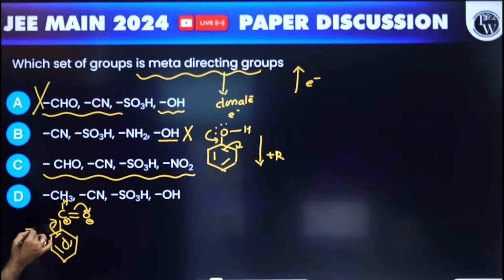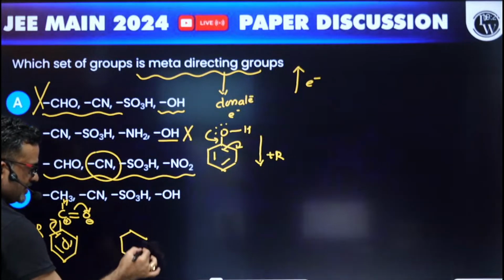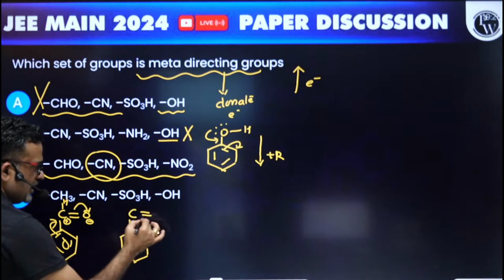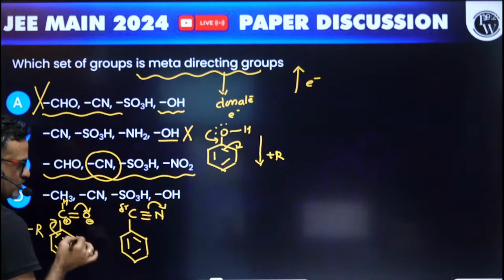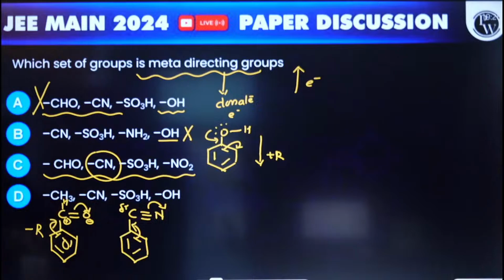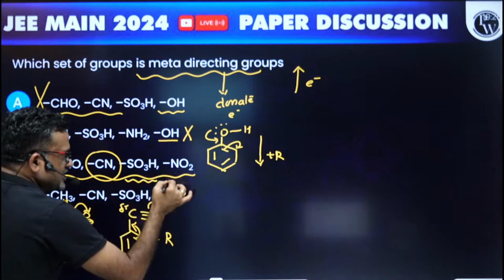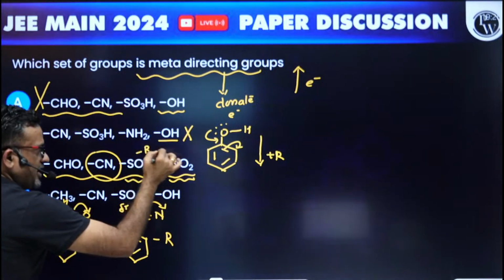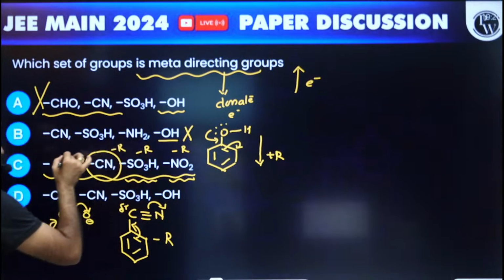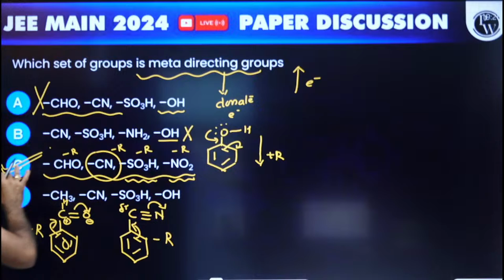So it is going to have minus R. Obviously CN: carbon is attached to highly electronegative nitrogen, which develops a positive charge and then takes up these electrons, so minus R. Similarly, SO3H as well as NO2 groups are electron withdrawing, showing minus R. So minus R is in all these 4.